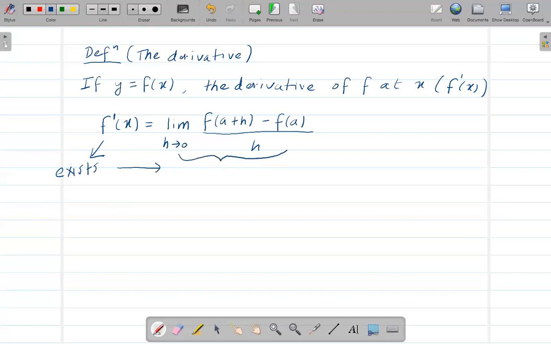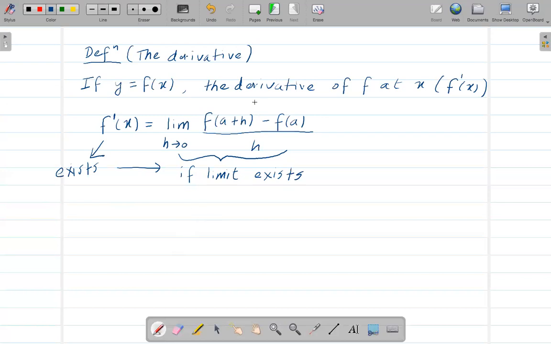Because if the limit doesn't exist, that means the derivative doesn't exist. So if this limit exists and you get some value from here, then we can also say the derivative exists, right?